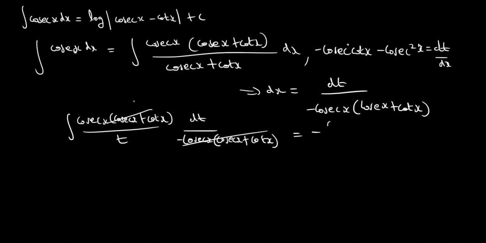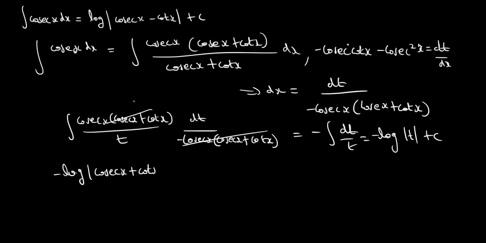Now our integral becomes dt by t, which is minus of log t plus c. So this minus log t becomes minus log cosec x plus cot x plus c.